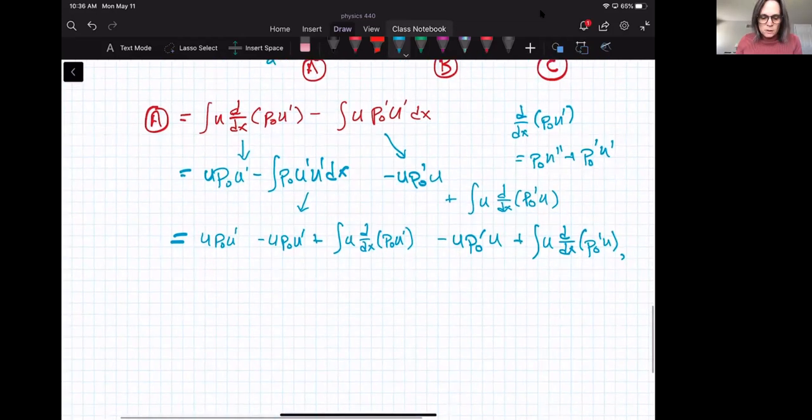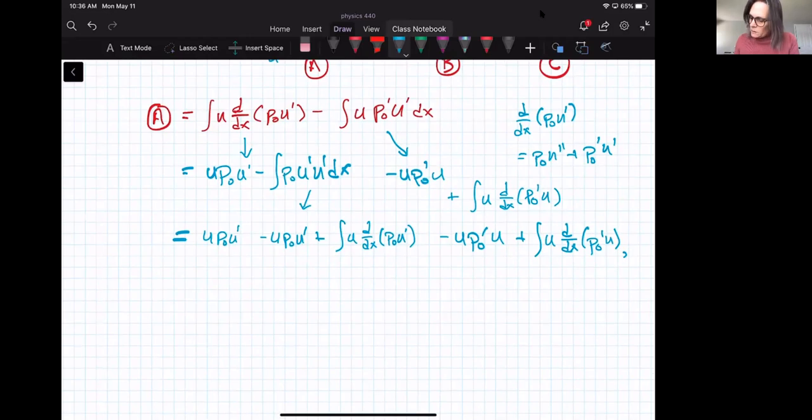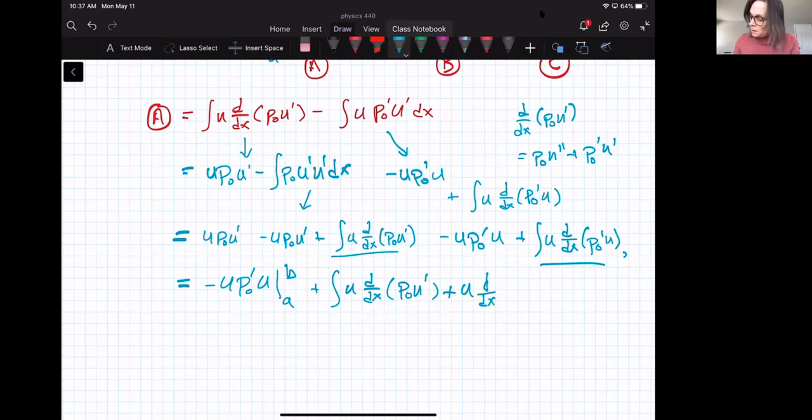We have some cancellations here, so that this then is equal to minus u p naught prime u, and I'll put in explicitly that this is evaluated from a to b, plus the integral, and I'll just combine these two integrals now, of u d/dx of p naught u prime plus u d/dx of p naught prime u.